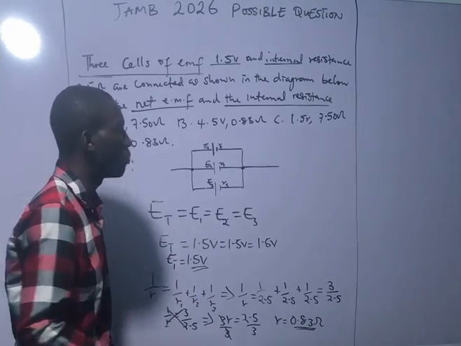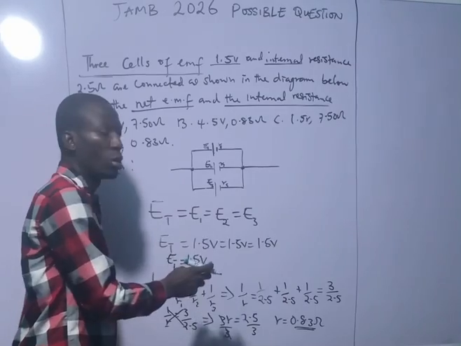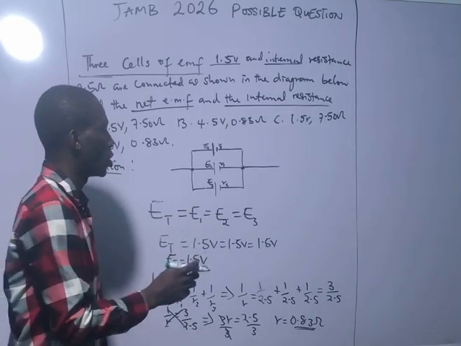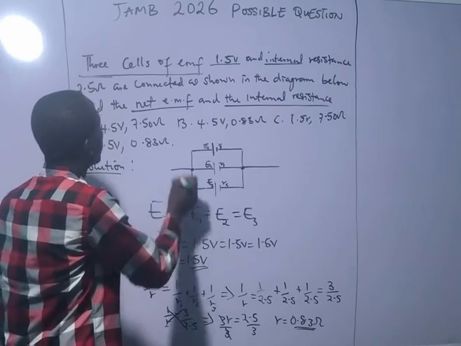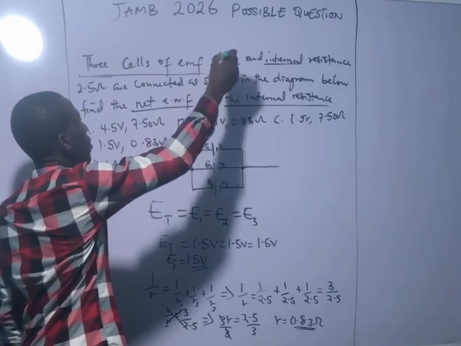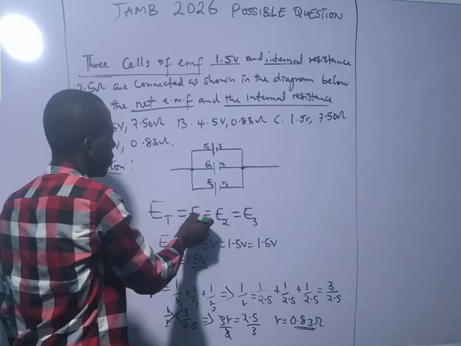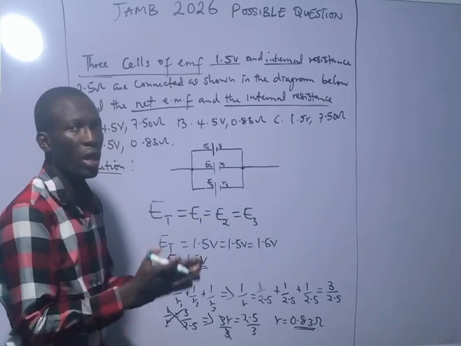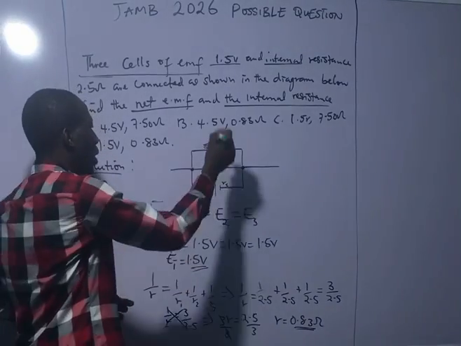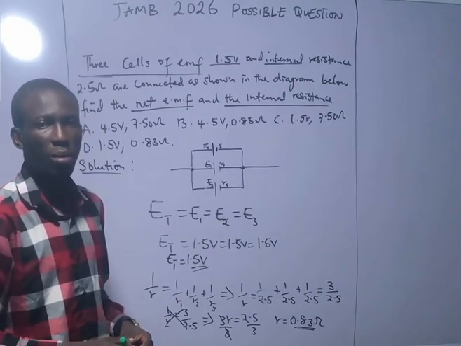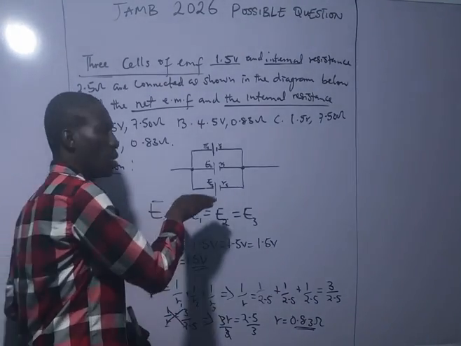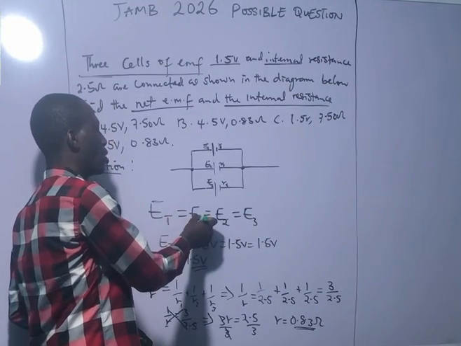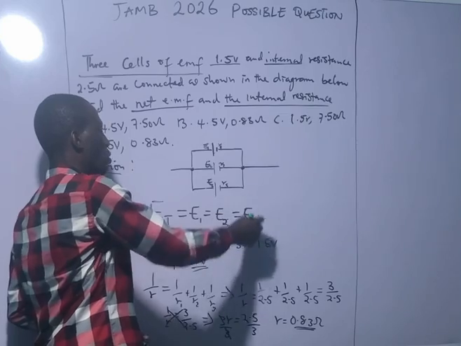You don't add the EMF, or the potential difference, in a parallel connection. So the EMF of 1.5 volts is given: 1.5, 1.5, 1.5. But we don't have to add it. Why? It is in parallel connection, so we equate the values. That means the total EMF is equal to E1, equal to E2, equal to E3.